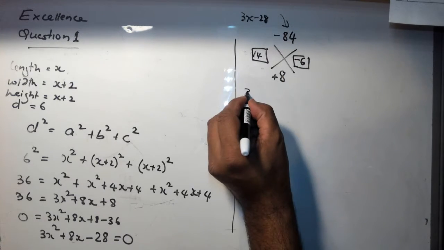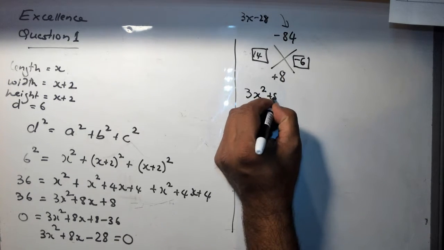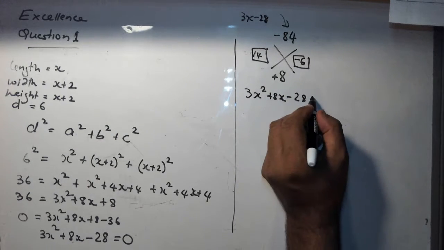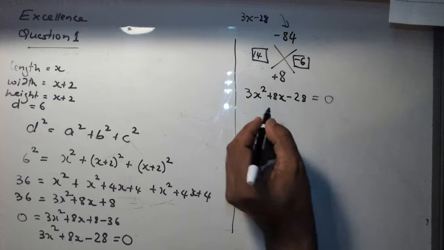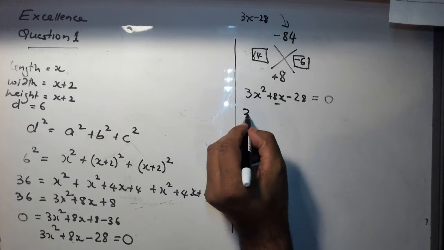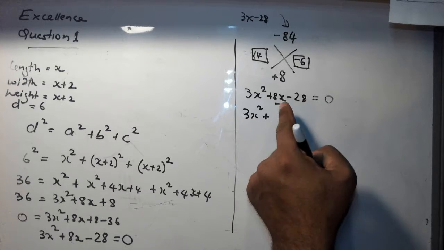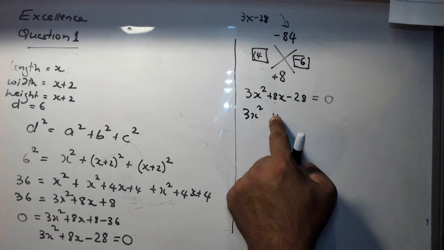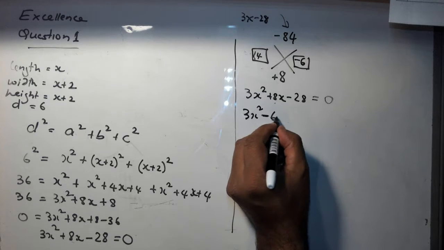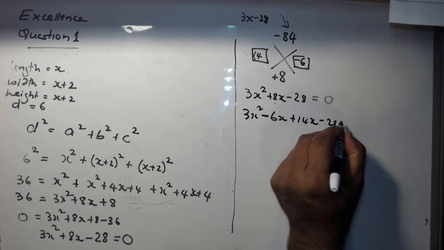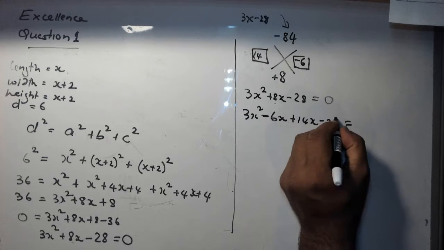So now what I can do is I can write 3x squared plus 8x minus 28 equal to 0, and I can write 8x as a sum of these two numbers here. So 3x squared, I'll just rewrite this, it's minus 6x plus 14x minus 28 is equal to 0.